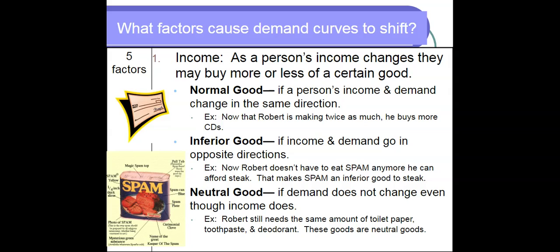An example would be, now that Robert doesn't have to eat spam anymore, he can afford steak. That makes spam an inferior good to steak.